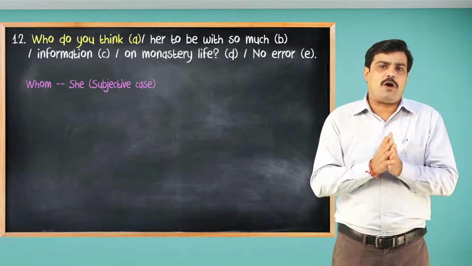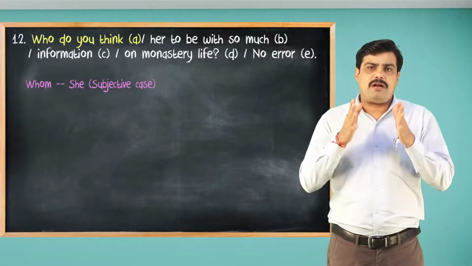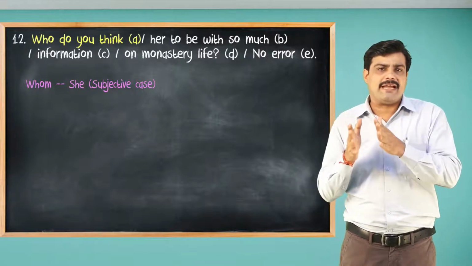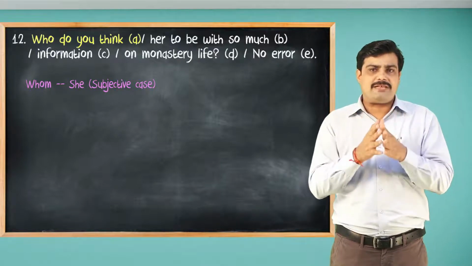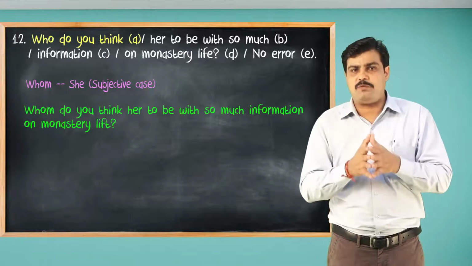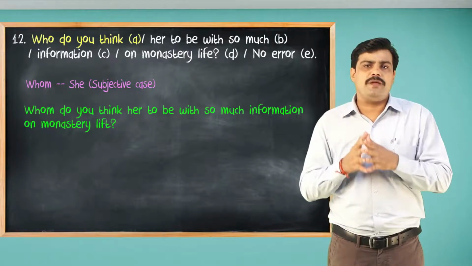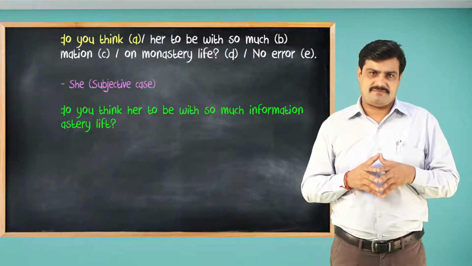So here the pronoun who should be replaced by whom, as the word her in the second part is used in the objective case. So the sentence would be, whom do you think her to be with so much information on monastery life?